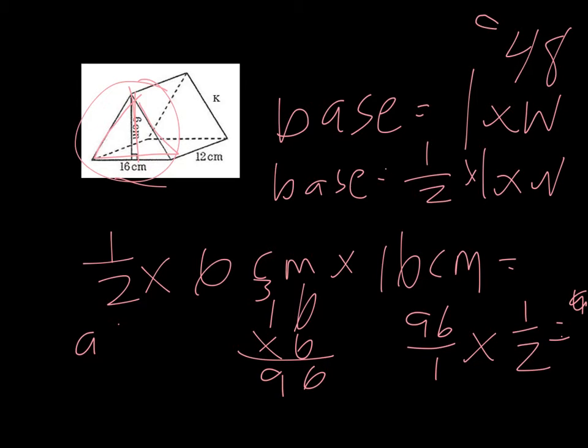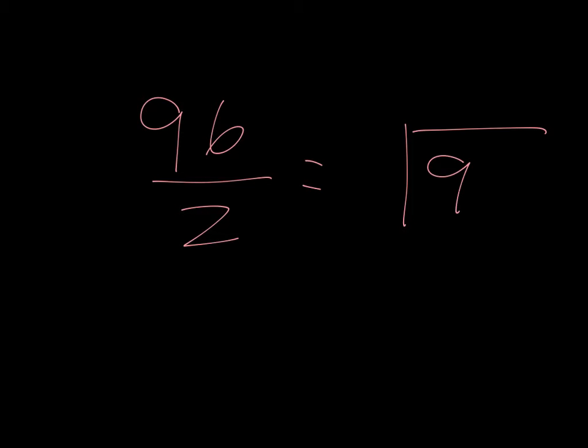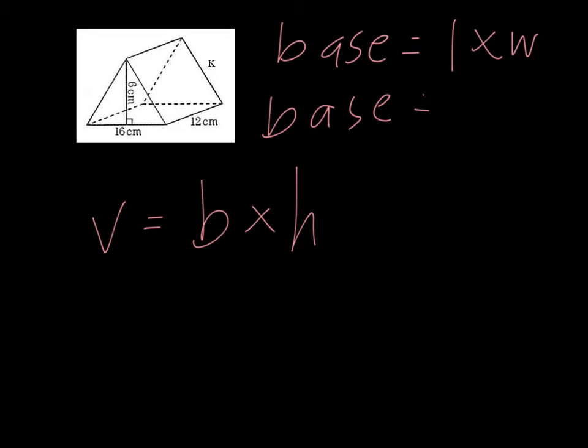Okay, 96 over 2, which is equal to 96 divided by 2. 2 goes into 9 4 times. 8, 16. 2 goes into 16 how many times? 8. So, if I go back here, okay, so we know that base equals length times width, and we just found out the base of our triangular prism, which is 48 centimeters squared.